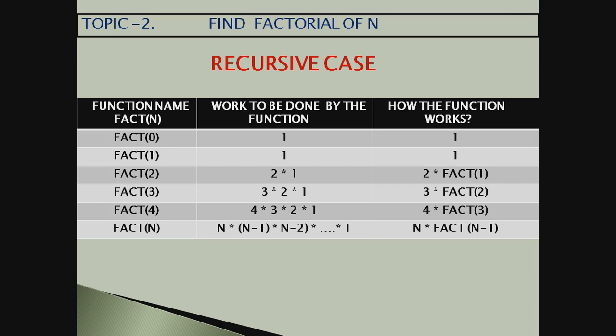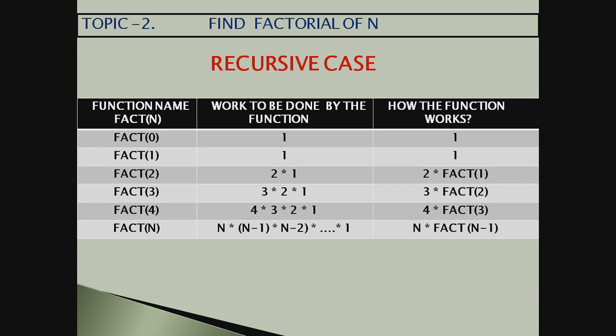That means when fact 2 is called, fact 2 is going to take the help of fact 1. It is going to say to fact 1, please help me out. So now the control goes to fact 1. Fact 1 has to give the answer back. And as we all know, fact 1 has a definite answer. The answer is 1.